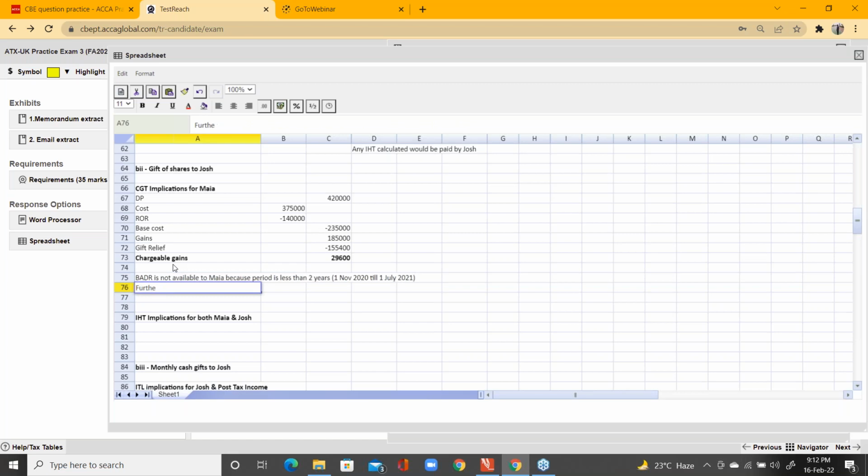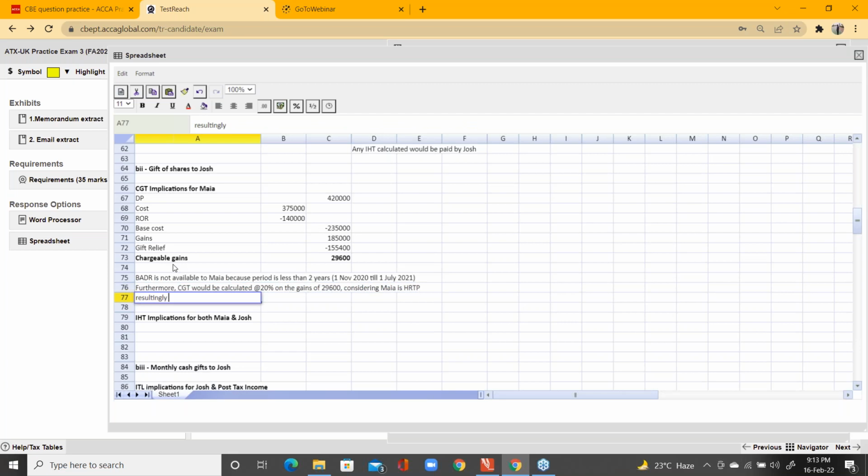Furthermore, CGT would be calculated at 20% on the gains of 29,600, considering Maya is a high rate taxpayer.